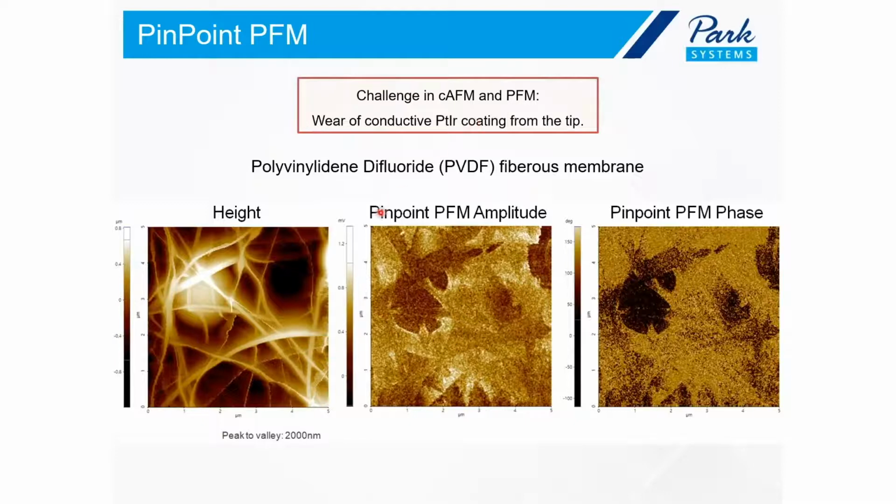But with pinpoint PFM, I demonstrate here: this is a PVDF fibrous membrane. This is a height channel, PFM amplitude, and PFM phase. So topography is acquired at set point force. We hold the tip on the surface and acquire amplitude and phase.